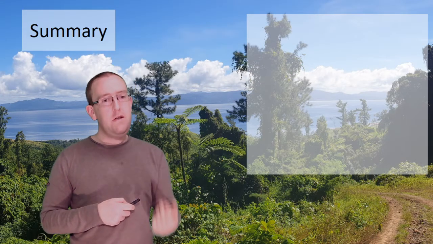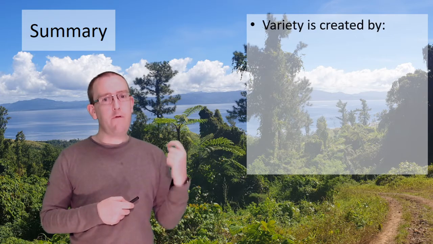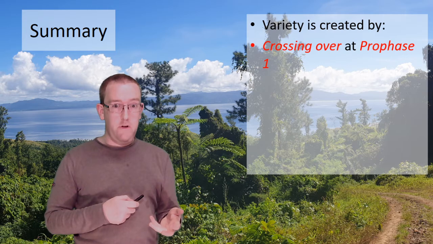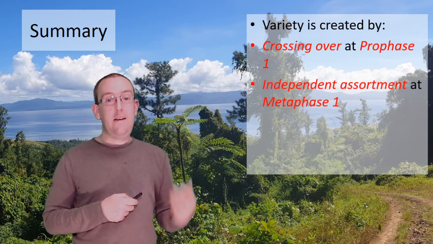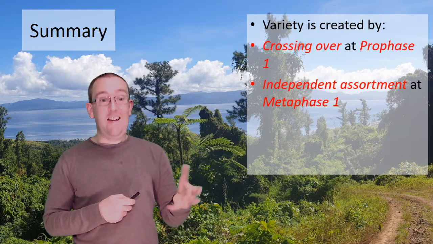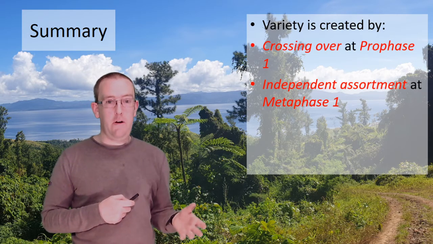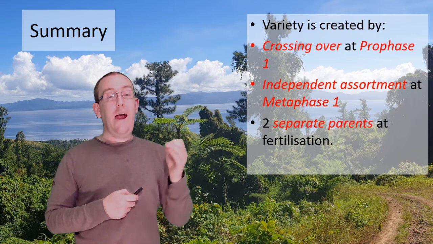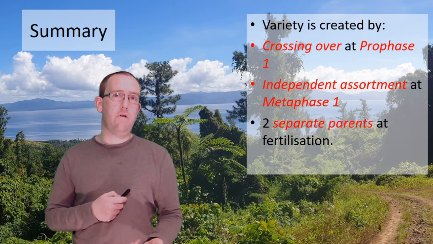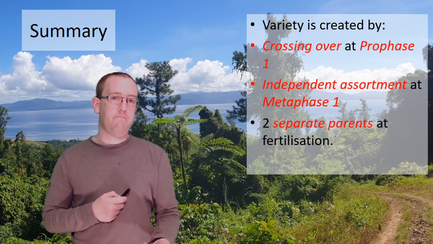Okay, so in summary, right, variety is created by crossing over at prophase 1, okay, that's one place, and independent assortment at metaphase 1. Okay, so metaphase into anaphase 1, right, that's independent assortment. Okay, and then you have to multiply that by the fact you've got two separate parents at fertilization. Right?